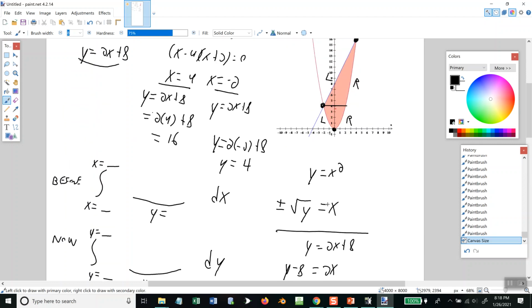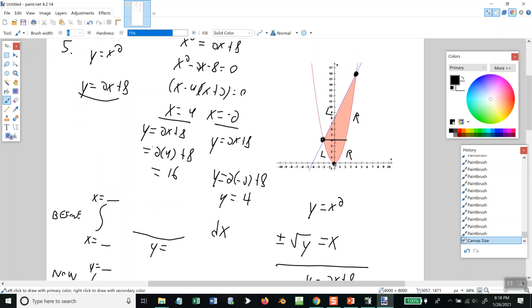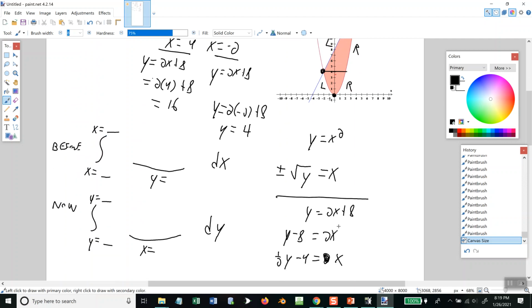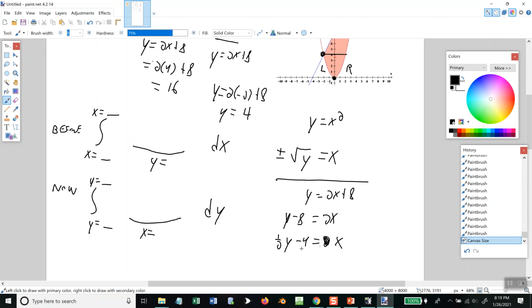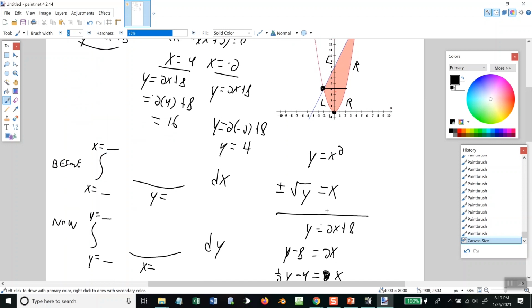Okay. So if I do this bottom piece right here, what do you think that comes from? Is that the x equals plus or minus square root of y, or x equals 1/2 y minus 4? This bottom piece right here. Square root of y, yes. Now specifically, this on the left side is which sign? The negative.